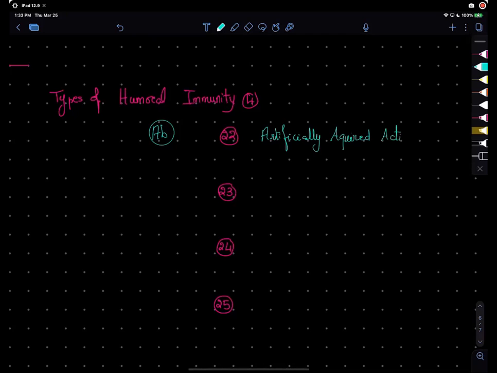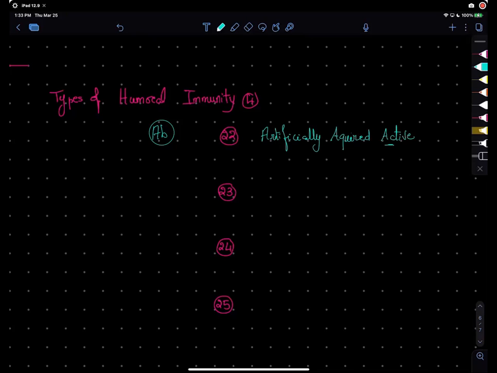Active. What I mean by this: I've got a vaccine. This vaccine is something artificial. It's not natural. And it's active. Why? Because it activates my own B lymphocytes to develop the antibodies.